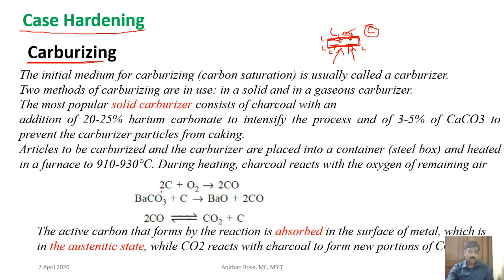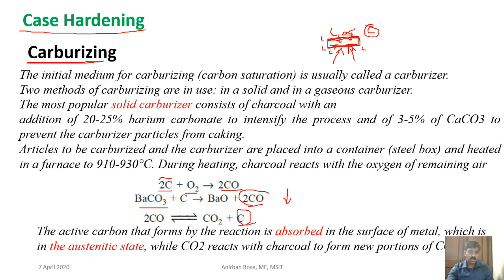Solid carburizers can be used, or gas carburization can be done with the help of gaseous hydrocarbon. Here you can see the fundamental equations: the charcoal reacts with oxygen and produces CO, and barium carbonate is also used so that carbon monoxide is also produced, because this carbon monoxide dissociates into carbon atoms, and these carbon atoms are going to diffuse within the material.